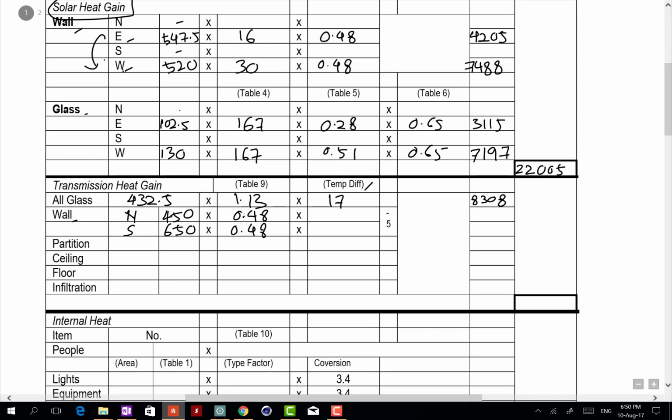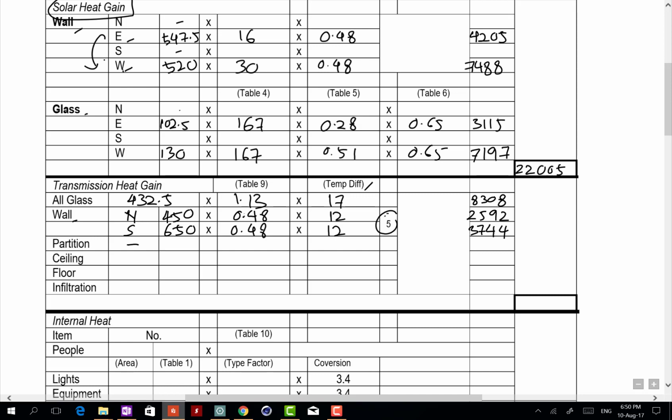And then the temperature difference also same 17, but with minus 5 here, it becomes 12. This one also 12. So it produces 2592 and then 3744. Okay, and then there is no partition we use.